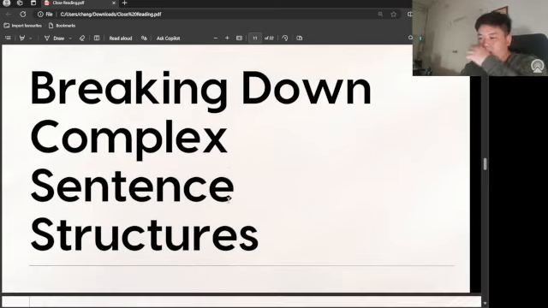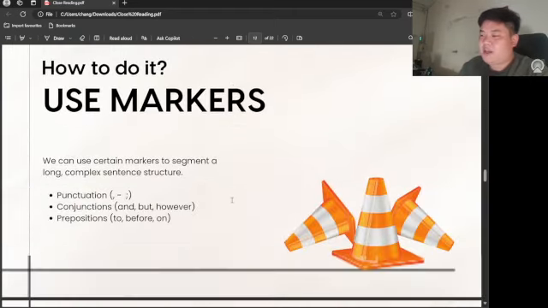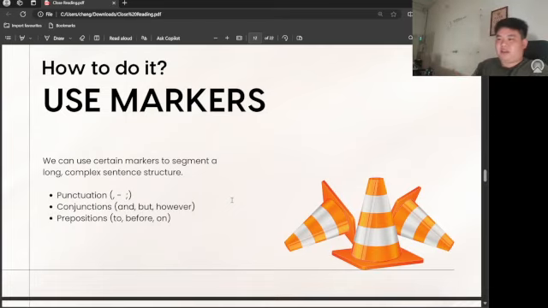Now, moving on, breaking down complex sentence structures. So let's say you encounter long sentence structures, and by long, I mean long, okay? How do we break up that long sentence into separate digestible ideas?